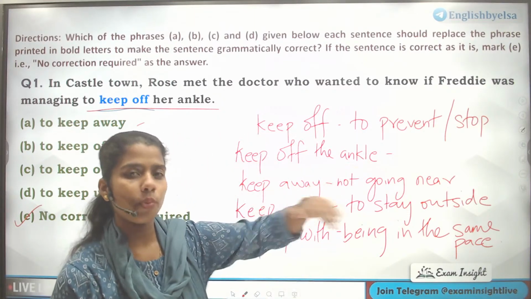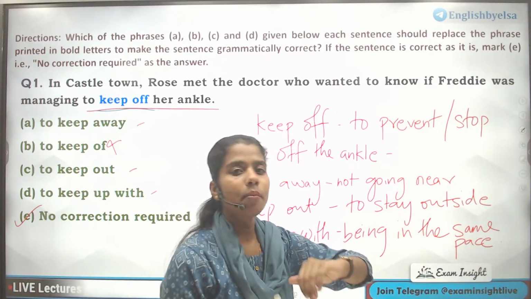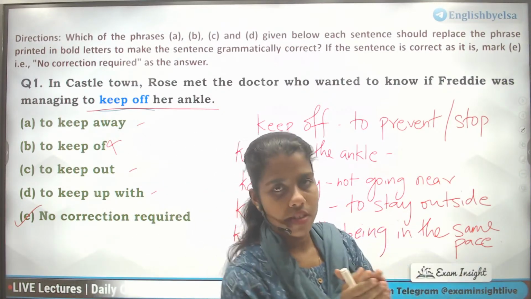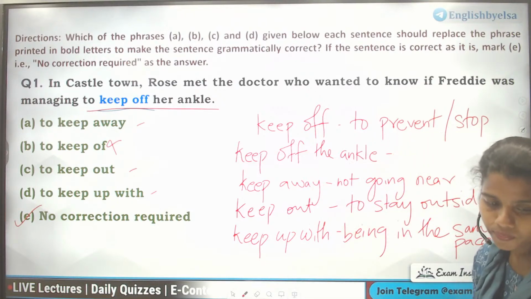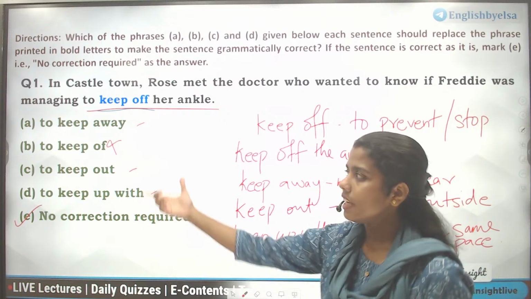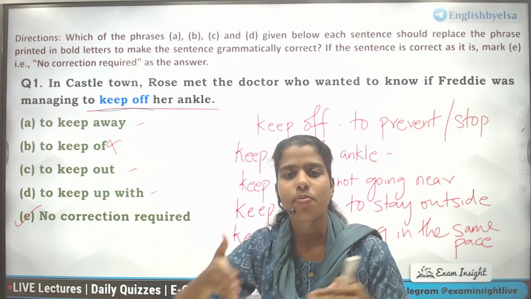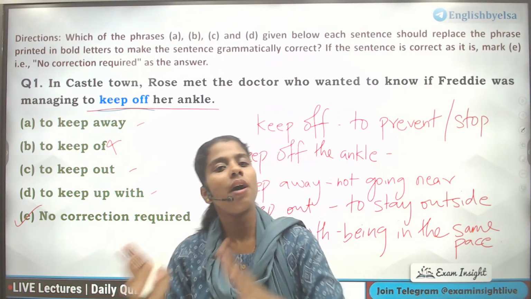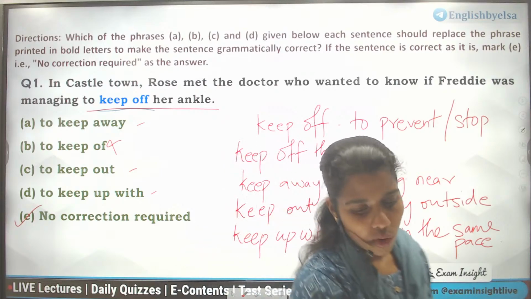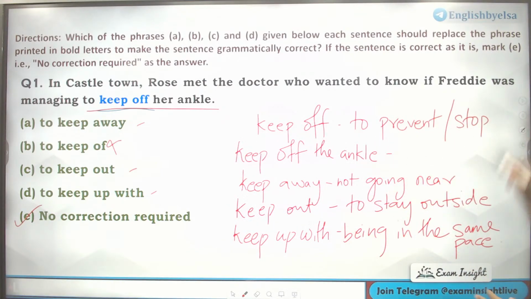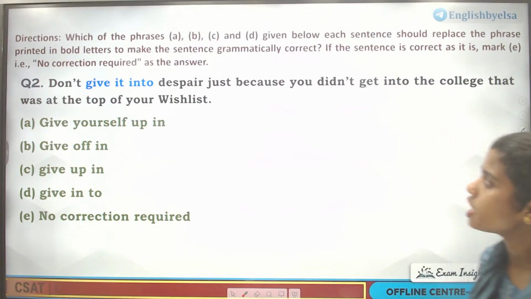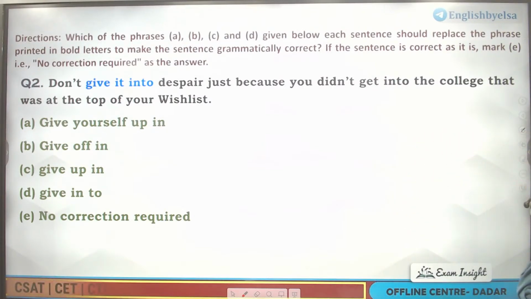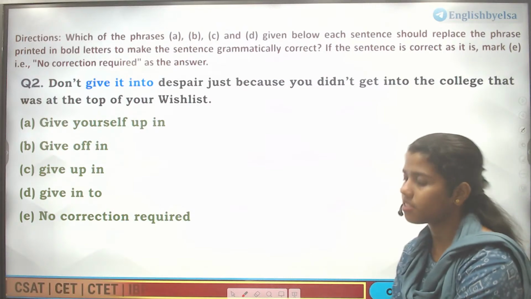If I'm keeping up with that person, that means I'm in pace with that person. I'm in line with that person. So all the phrasal verbs are clear. In this, you can see verb as well as preposition. But it is giving some other meaning. So these are called phrasal verbs. Let's look at more examples. Don't give in to despair just because you didn't get into the college that was at the top of your wish list.